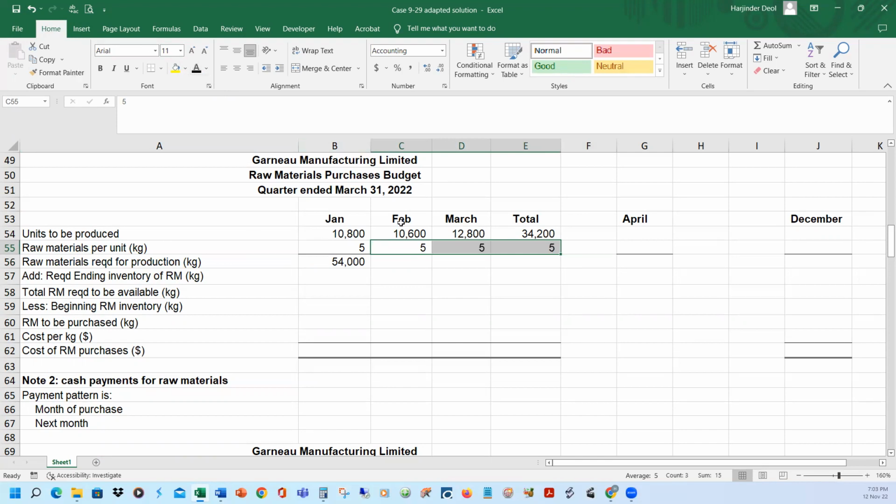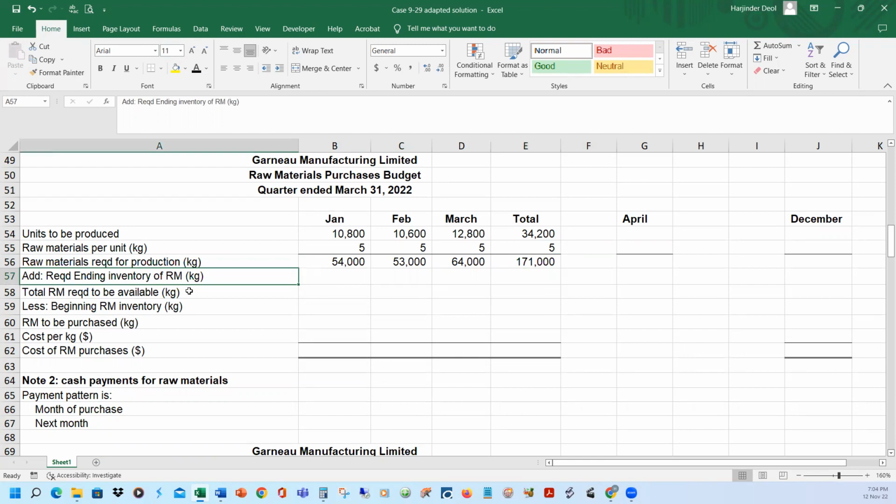Similarly, if we do this calculation for February and March, number of units multiplied by 5 gives you 53,000 kilograms needed in February, 64,000 kilograms needed in March, and a total of 171,000 kilograms for the entire quarter.